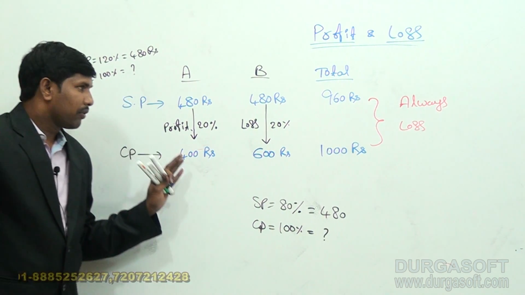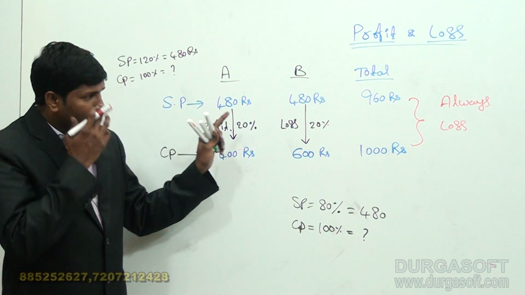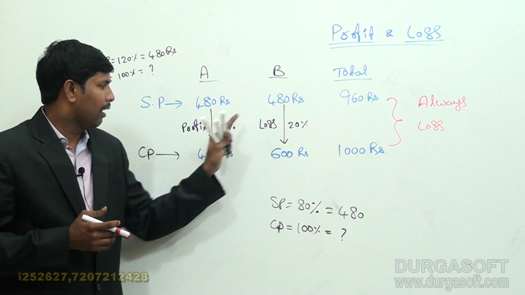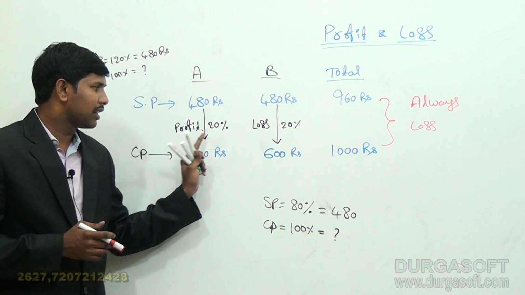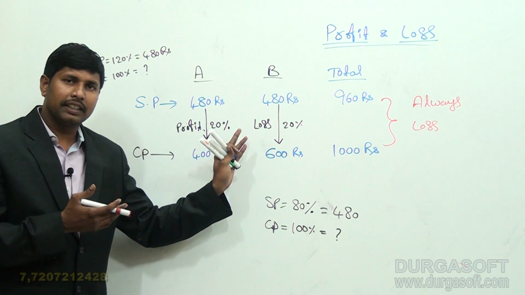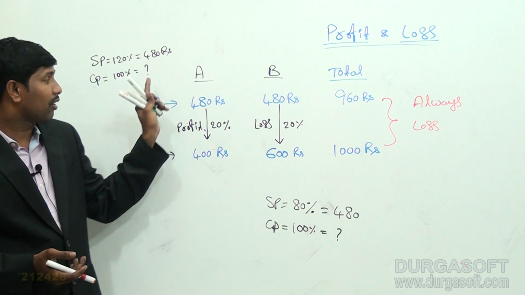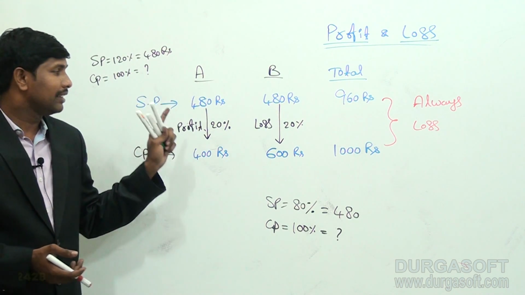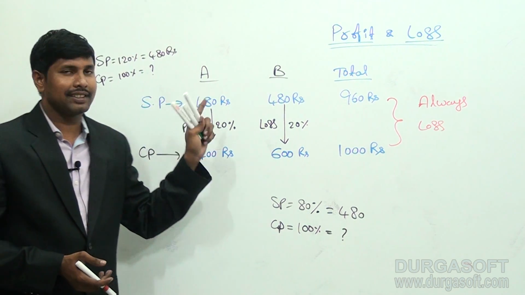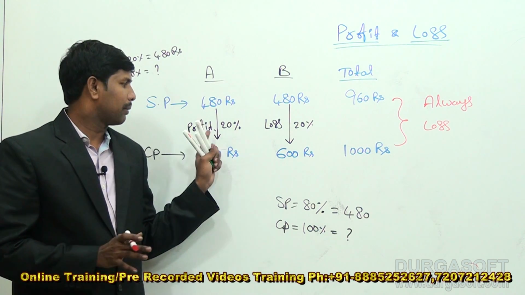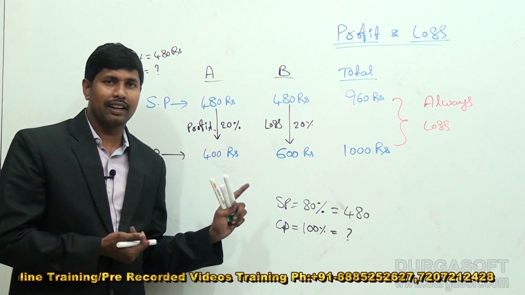So the point we are having here is the selling price of two articles must be same and the profit percentage on one article should be equal to loss percentage on the other article, just like the previous case. But in the previous case the cost prices were same, but in this case the selling prices are same. That's the only difference, but the profit or the loss percentages are equal.